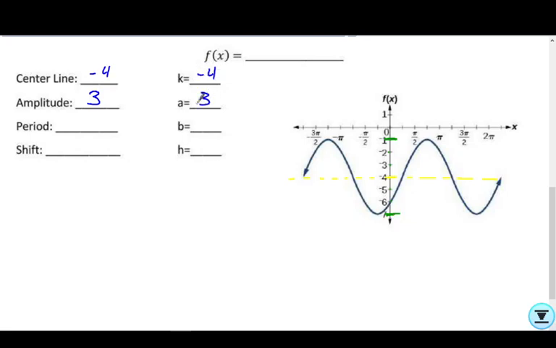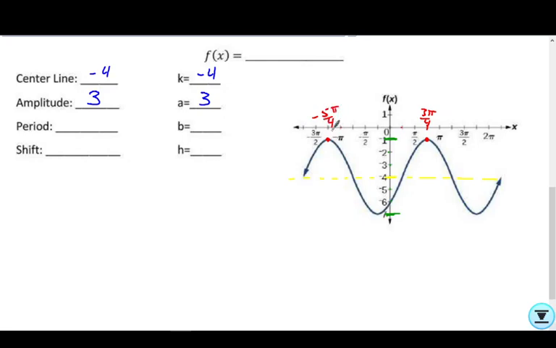Now let's check my period. Like I said, the easiest way is doing it from max to max. So these marks are in pi over 4. So pi over 4, pi over 2, this is 3 pi over 4, and this is -5 pi over 4.